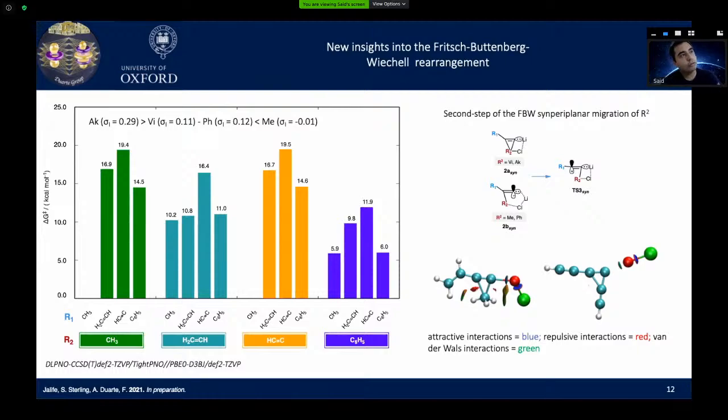So I'm not sure if forming this type of dimers or polymers will actually help or prevent this rearrangement.